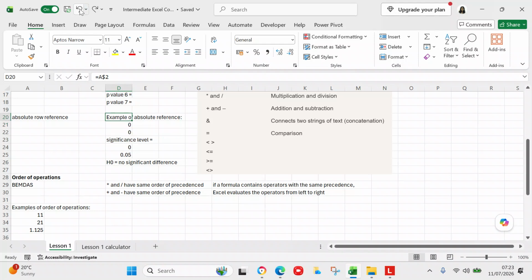So we're going to do Control C, and then we're going to highlight the 2 cells that we want to paste it to, and then Control V. That didn't work out well either, because it said $2, $2, $2.